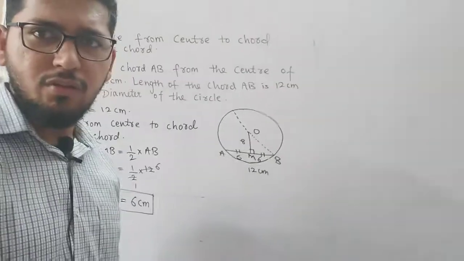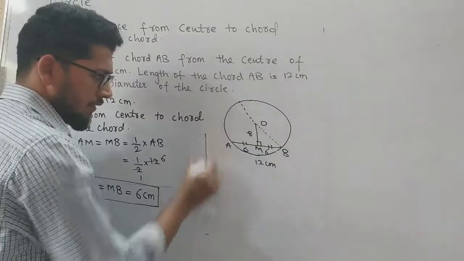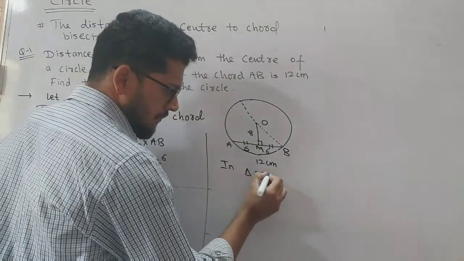Now we can see how we will use the Pythagoras theorem. First we will write in triangle OMB.